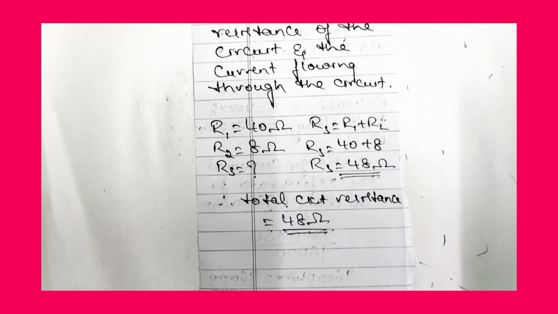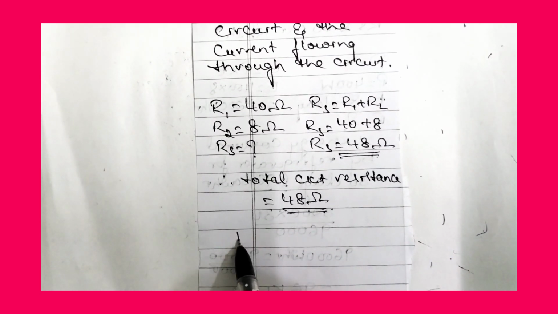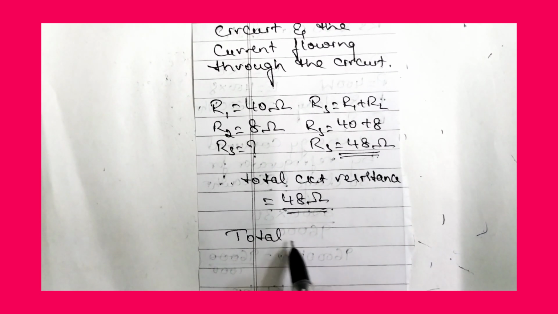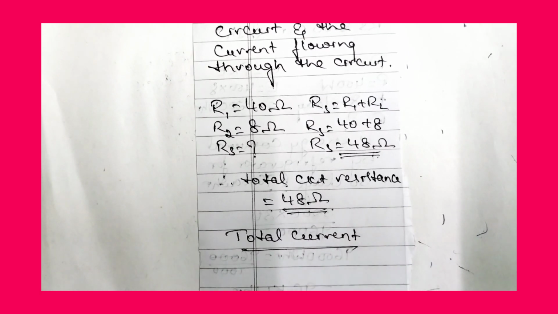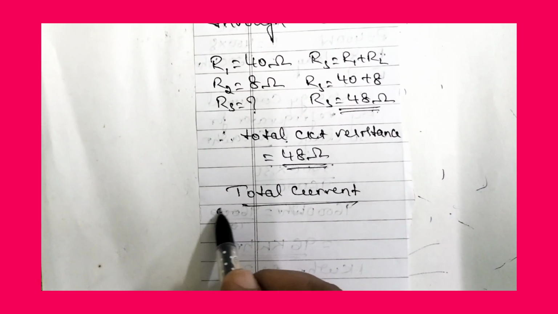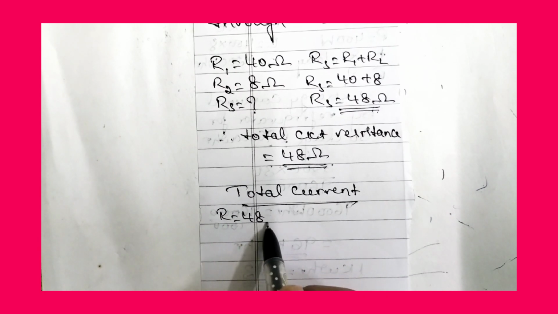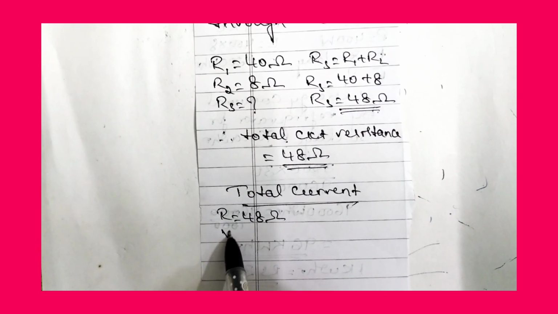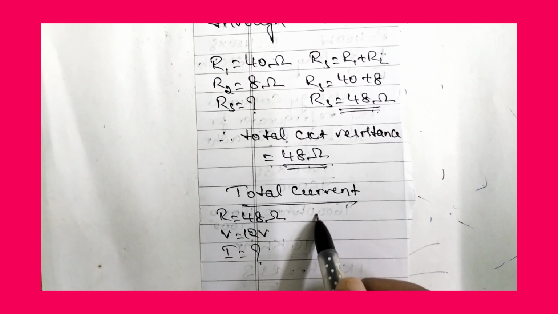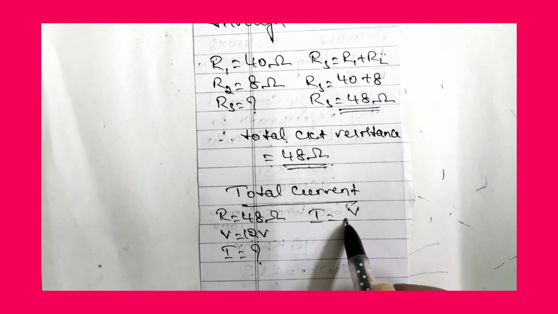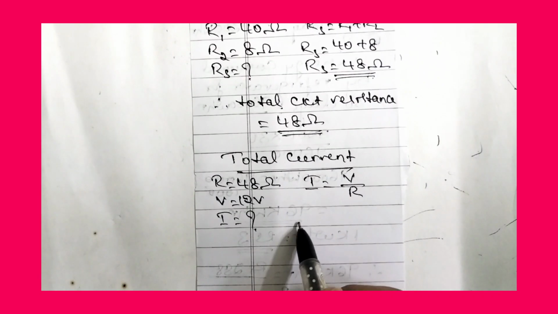After calculating the total resistance, we have to calculate the total current. So R is equal to 48 ohm, then V is equal to 12 volts. So I is equal to question mark. So I is equal to V divided by R according to Ohm's law.